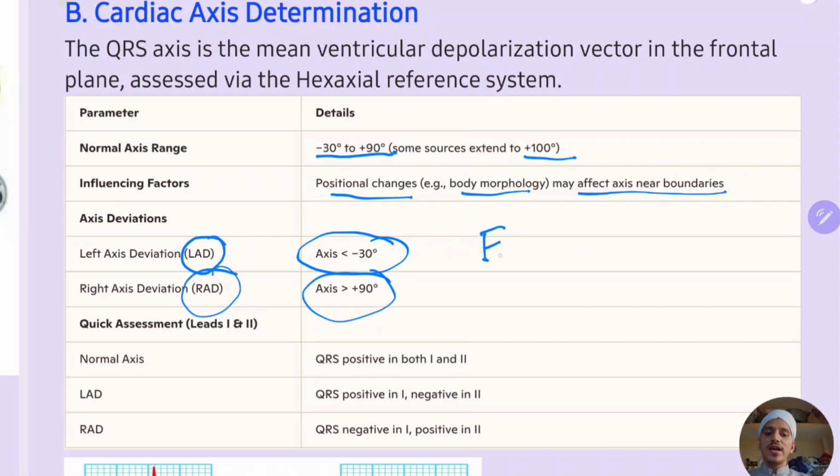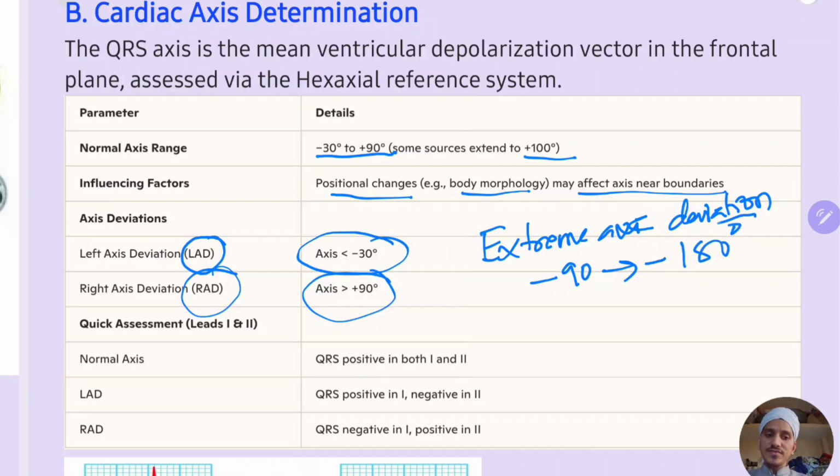And one more thing is there, extreme axis deviation. What is this extreme axis deviation? It is from minus 90 to minus 180. This is extreme axis deviation. Normally we will see left and right axis deviation, so we'll discuss that.